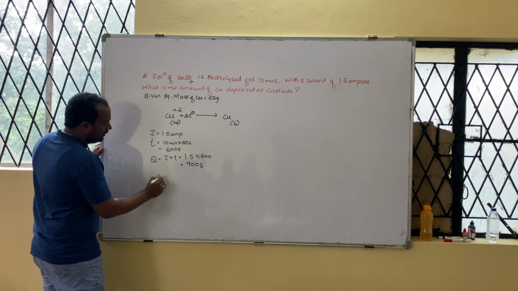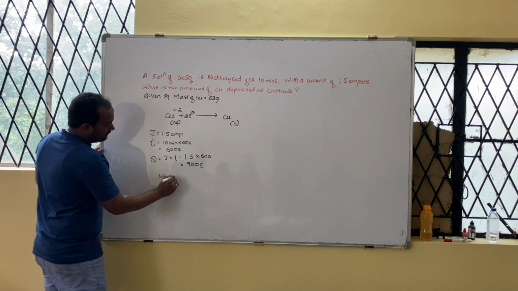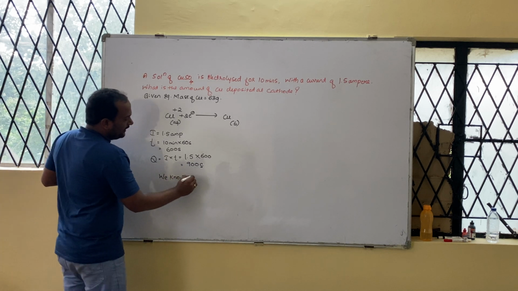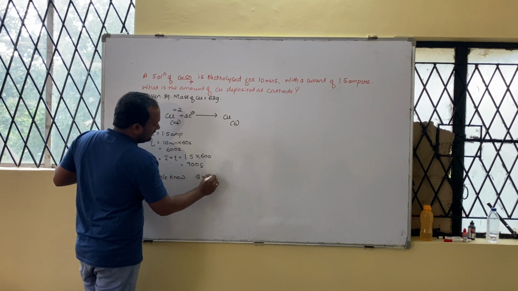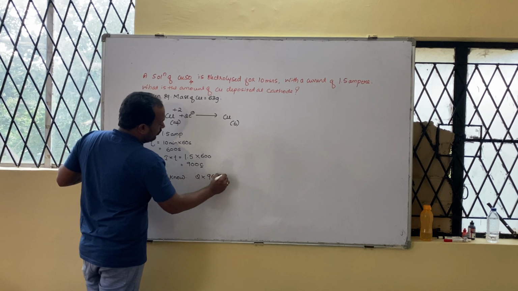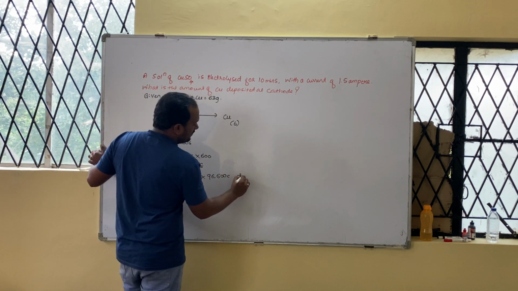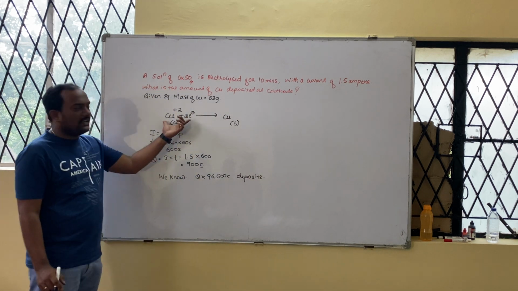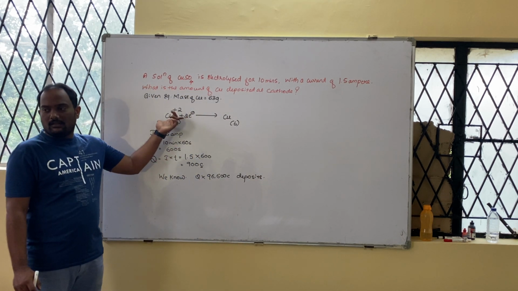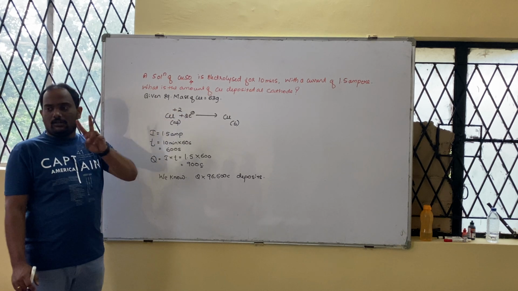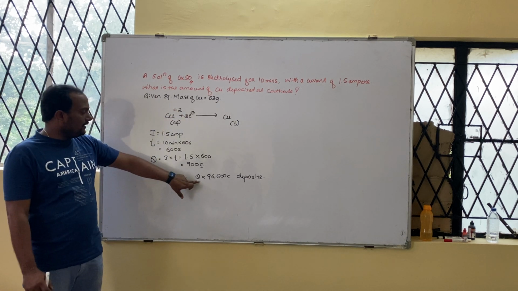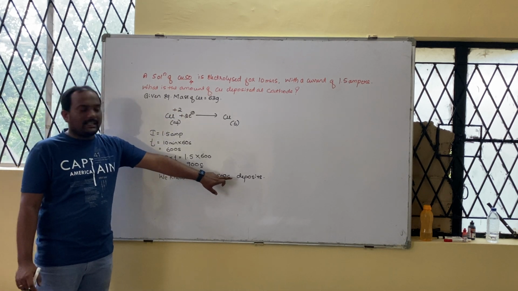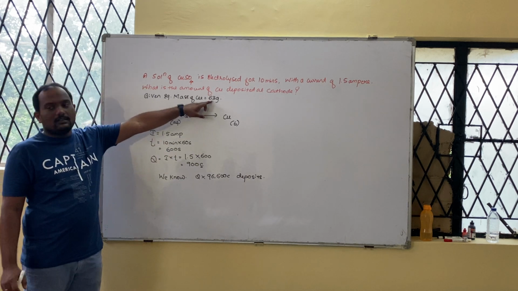So below you write, we know that 2 into 96,500 coulombs deposits how much? See, for this reaction how many Faraday required? 2 Faraday. 2 Faraday is 2 into 96,500 coulombs, which deposits 63 gram.